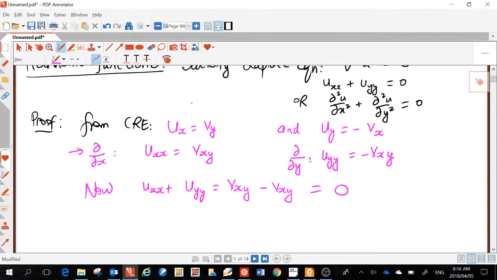That's the Laplace equation. Uxx plus uyy equal to 0. Likewise, I can now get vxx plus vyy equal to 0.